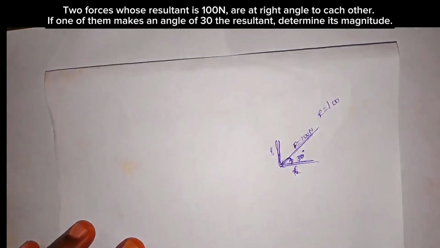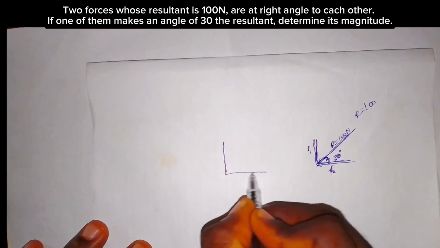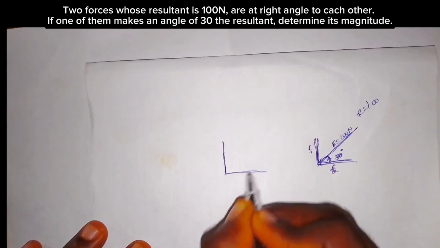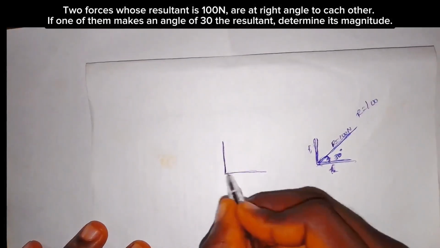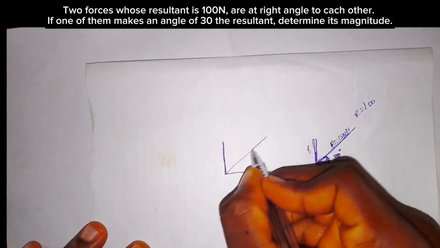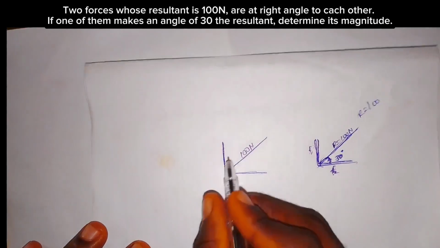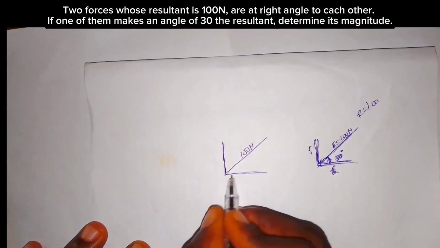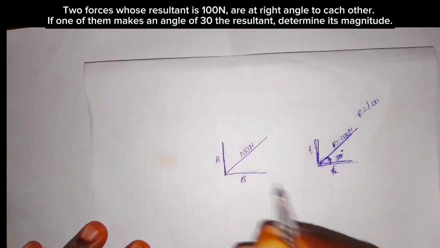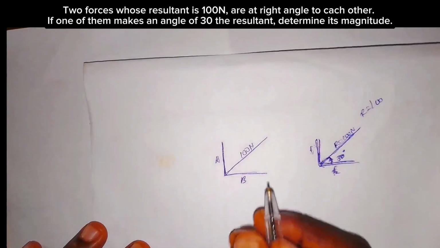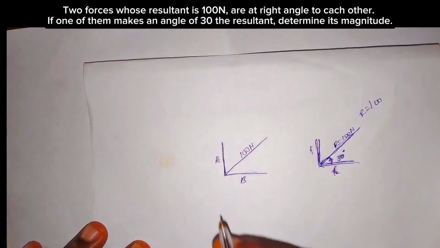Now let me break down the question. They say two forces are perpendicular to each other. The resultant of these two forces is 100 Newton. Now they said one of these forces, let's say force B or vector B, anyone. Remember, force is a vector quantity, so I can use vector in place of force, and force in place of vector.